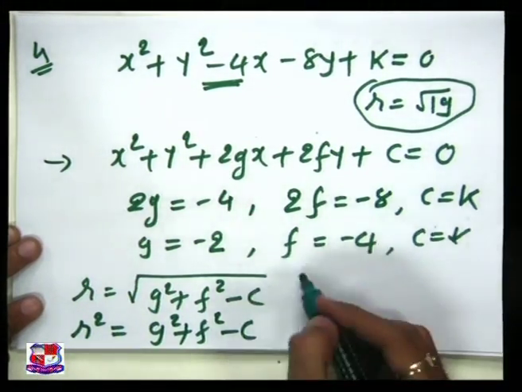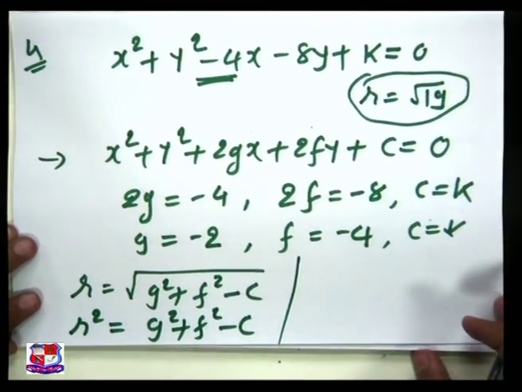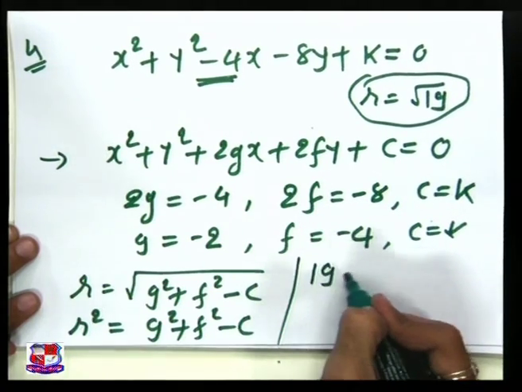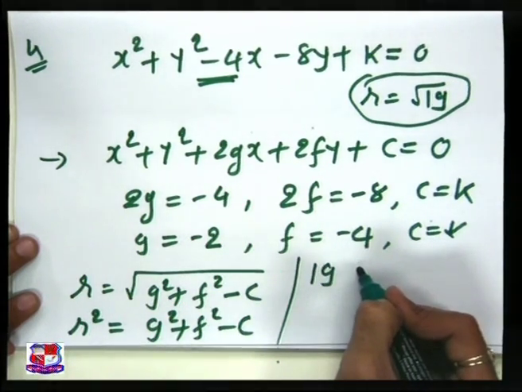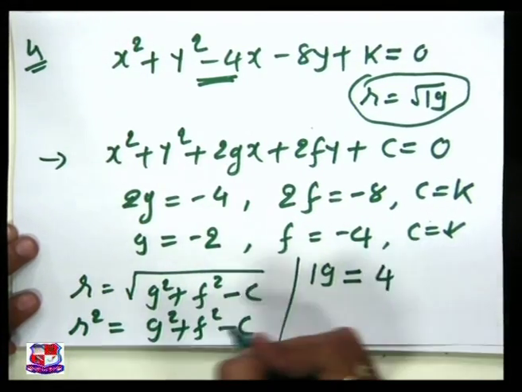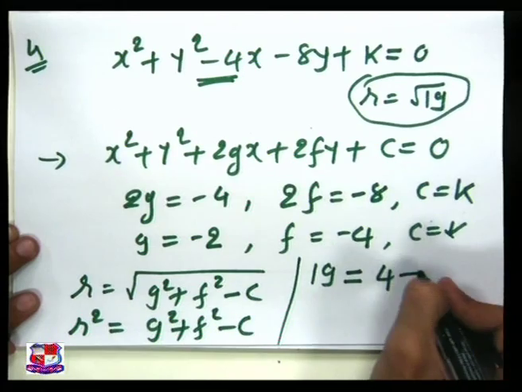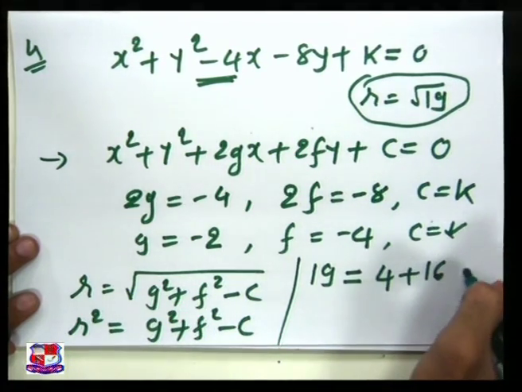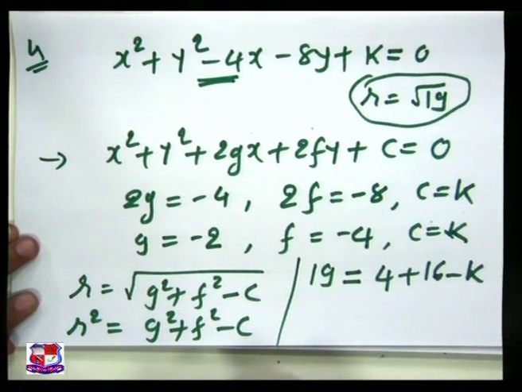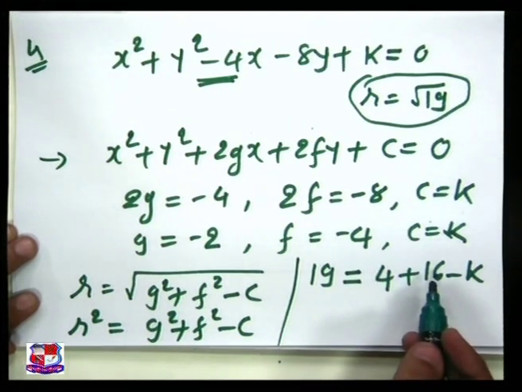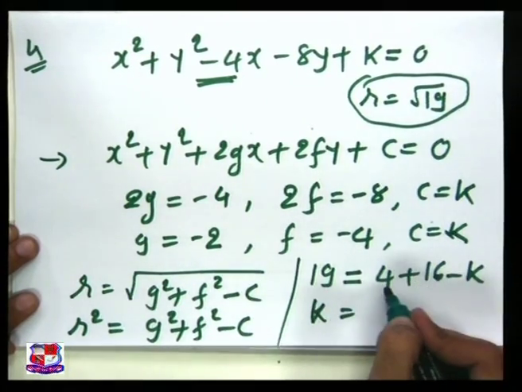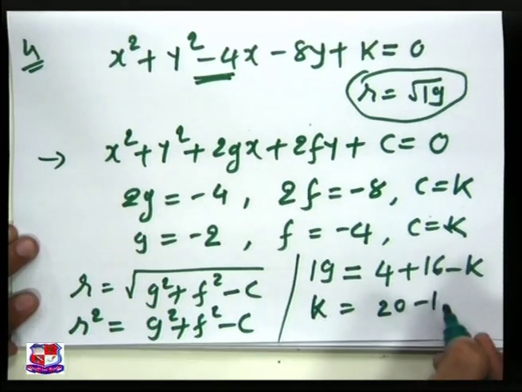And here r is equal to root 19, that is given. So r square is equal to 19, okay, that is equal to g square, that is minus 2 square, that is 4, plus f square, that is minus 4 square, that is 16, minus c, that is minus k. Okay, c is equal to k. So minus k will be plus k here, and 16 plus 4 is 20, minus 19.